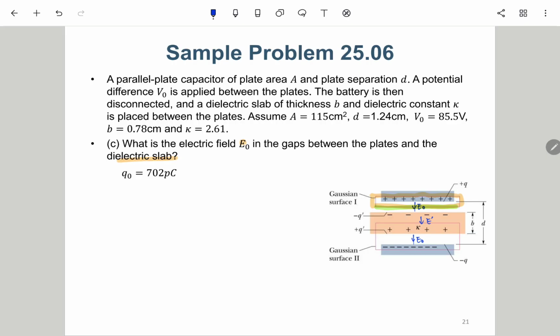So what it really means is that epsilon naught times the integration of E dot dA equals Q. This is nothing but Q here.